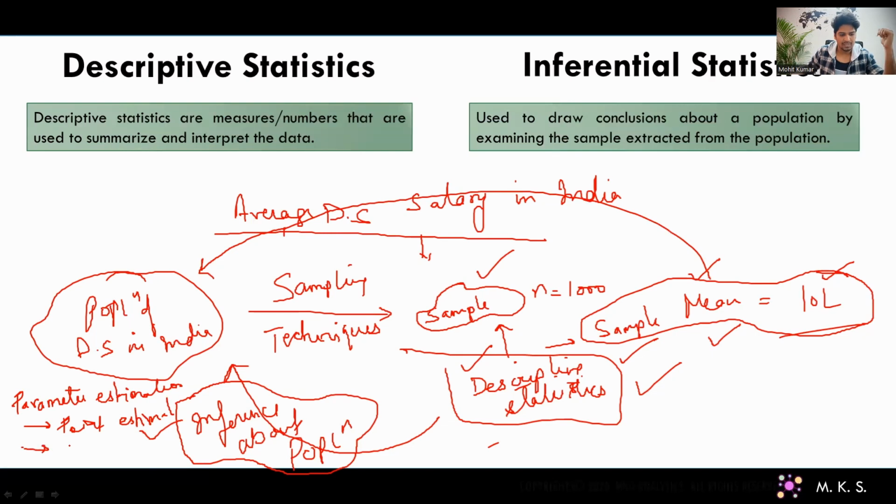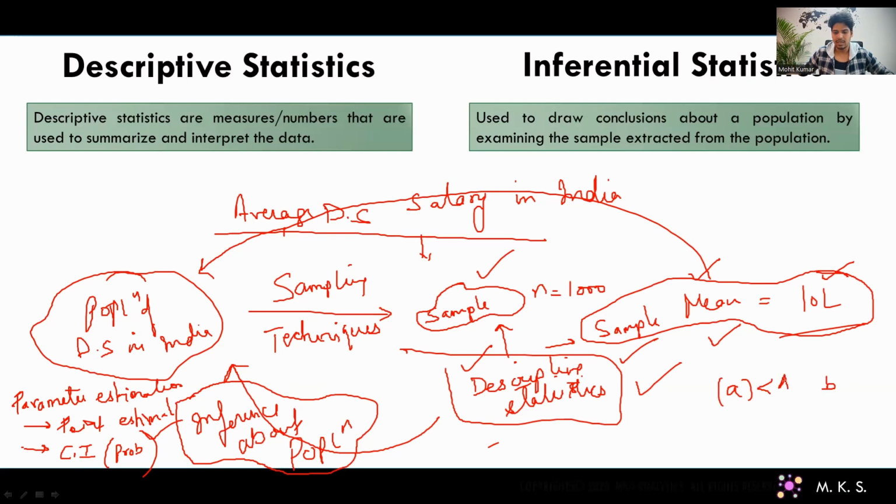But as a part of estimation, we can use a confidence interval, which we are going to learn throughout this series, and definitely we'll spend a lot of good time on this. A confidence interval gives you a probability, a confidence level as well, by saying that our population mean will lie between an upper bound and a lower bound.